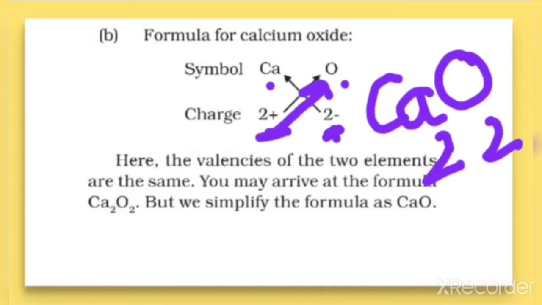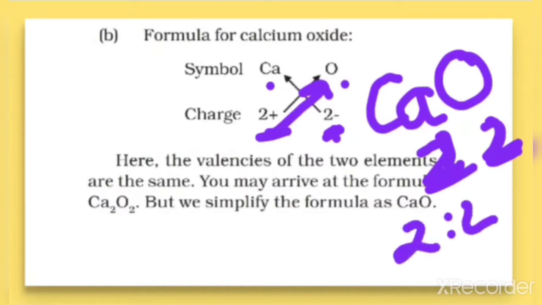In this case, you can see both have number 2, 2 and 2. Better you take the simple ratio, that is 2:2. When you make it into the simpler form, we know that both are 2. So when you divide by 2, you get 2 divided by 2, that is 1, to 2 divided by 2, that is 1. So you got the ratio 1:1.